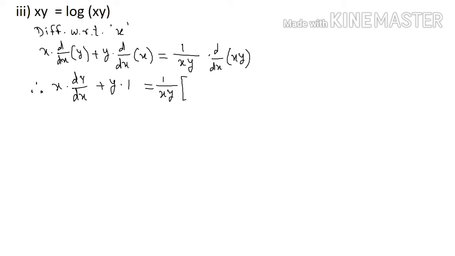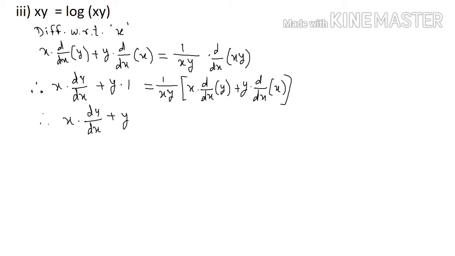So we have to use the rule of d dx of uv. So that is x into d dx of y plus y into d dx of x. So let us simplify. You get x into dy by dx plus y is equal to 1 upon xy into x into dy by dx plus y into 1. d dx of x will be 1.